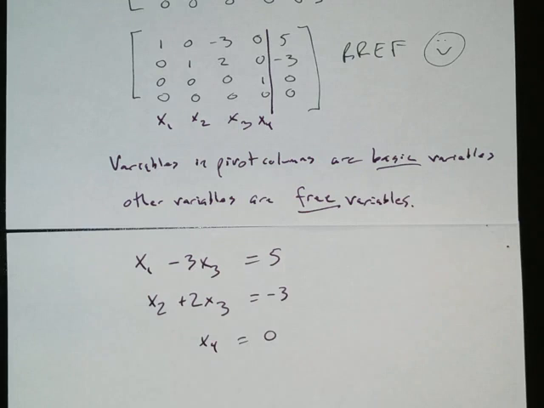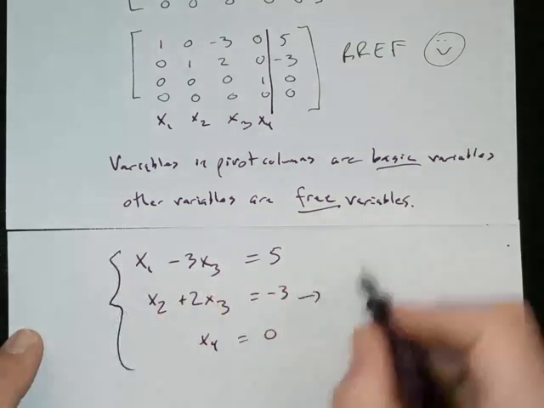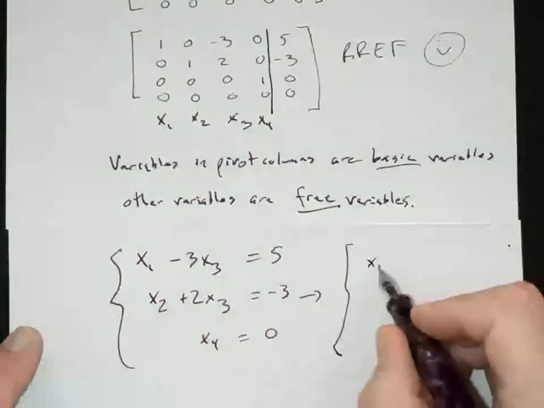Let's go one step further and isolate the basic variables. Take the free variable, put it on the other side. Because I want to consider all of these together, I'm going to put that little brace there to remind me, hey, all of these go together.